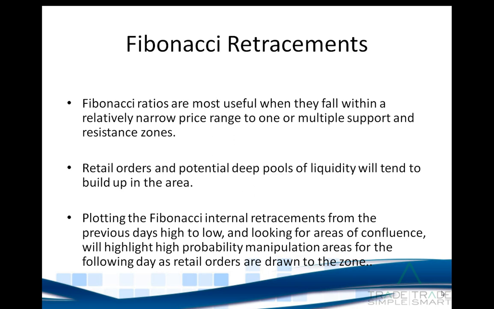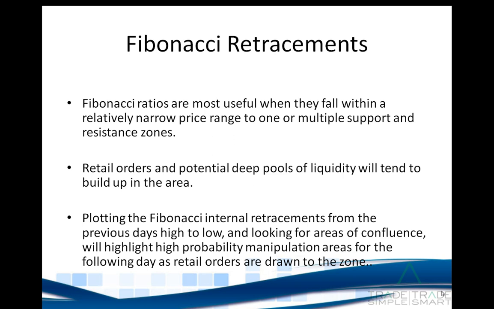So plotting the Fibonacci internal retracements from the previous day's high and low and looking for areas of confluence will highlight high probability manipulation areas for the following day, as retail traders are drawn to these zones.